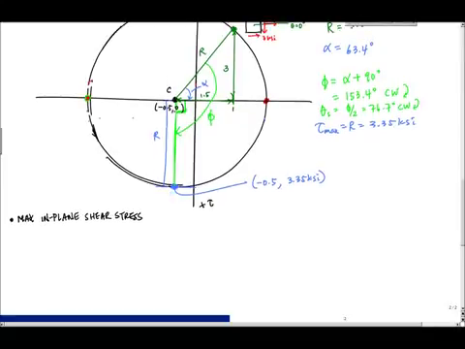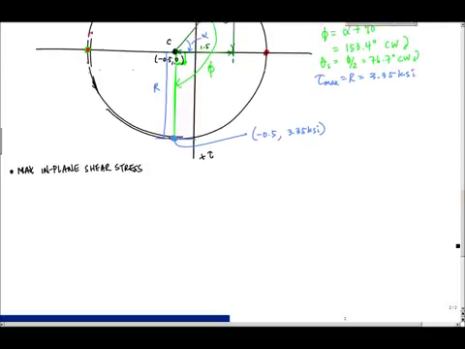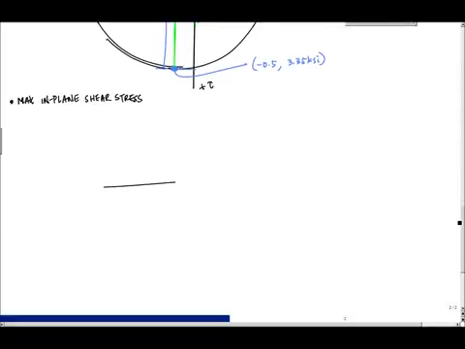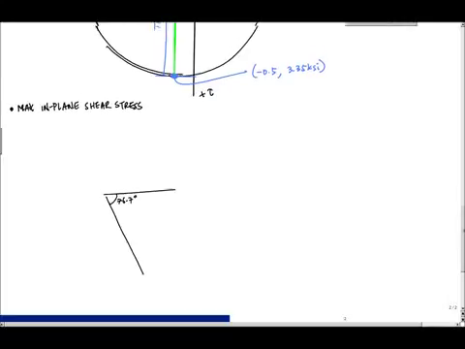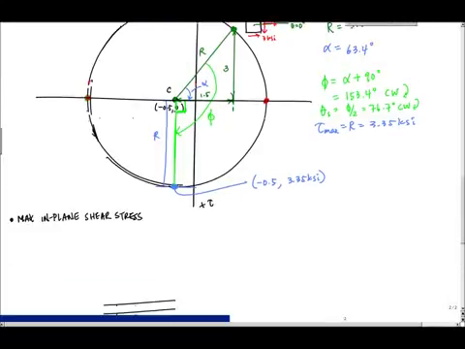And so again, I start with a horizontal line, my reference from theta equals 0 degrees. There's my reference right here. And then I'm going to go 76.7 degrees, which is a pretty big angle. So here it is, this angle, 76.7 degrees. Is that right, what we had before? 76.7, yes.